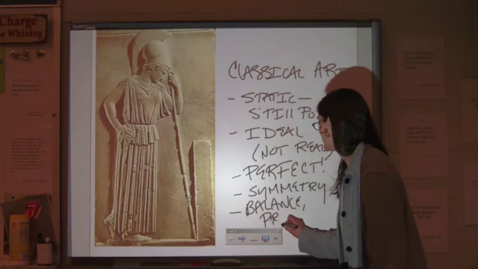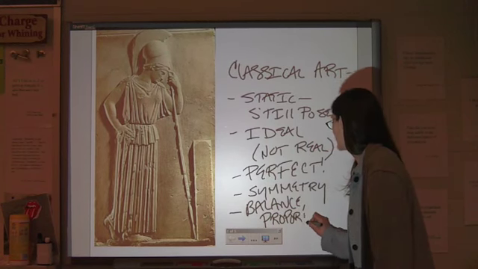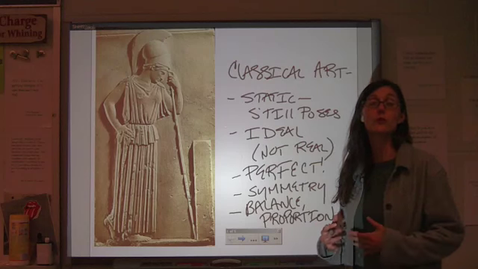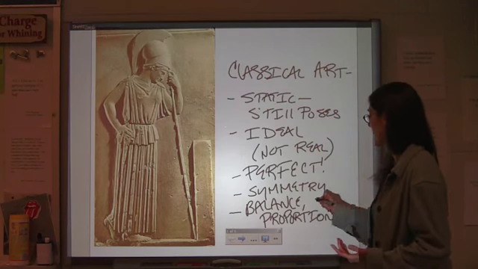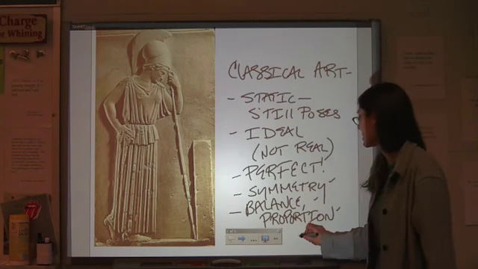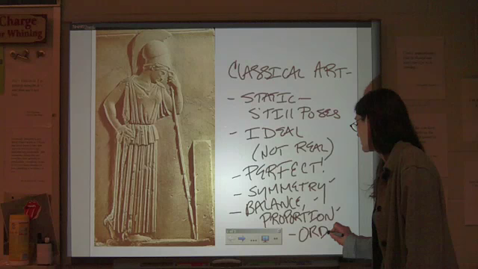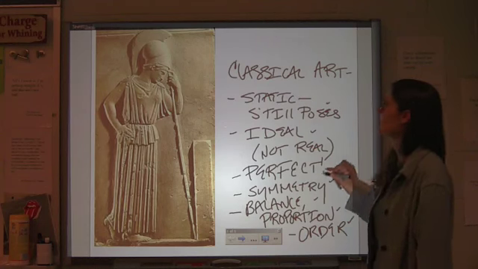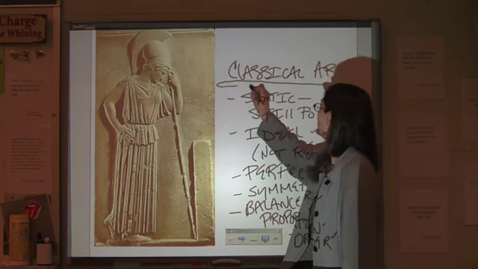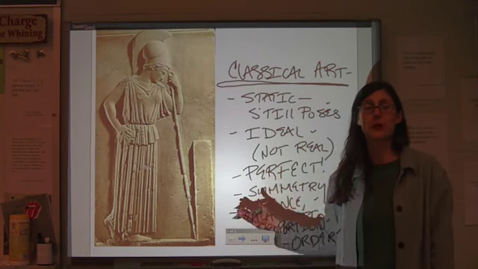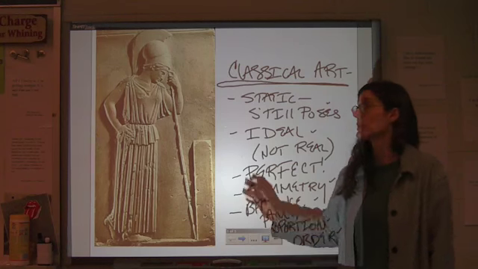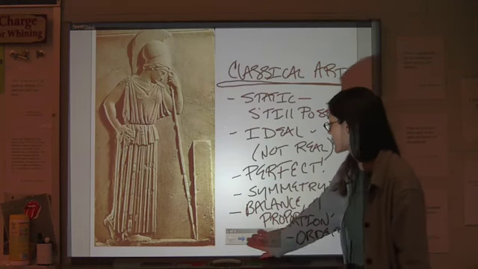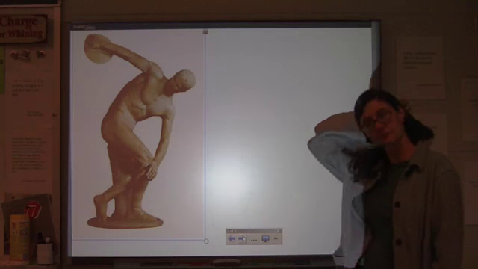I would bet you that the proportions of that sculpture are mathematically perfect. Well, and that's something else that the Greeks were really striving for. Balance, proportion, symmetry, order. Idealized images, not a whole lot of movement. Now, none of that is to disparage the qualities of the art, because it's still very beautiful, but that's just what it looks like. Let me show you another very famous image.